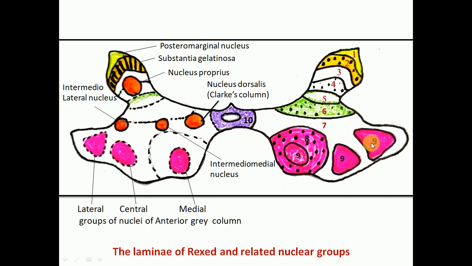Then numbers 8 and 9 are related with the medial, central and lateral groups of nuclei of the anterior gray column. And lastly, number 10 is present around the central canal of the spinal cord. So these are the laminae of Rexed, or we can say 10 Roman numeral zones for explaining the different gray matter nuclear groups.